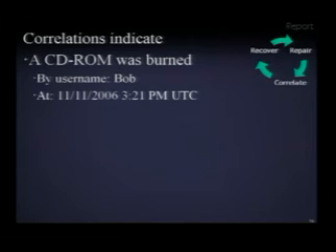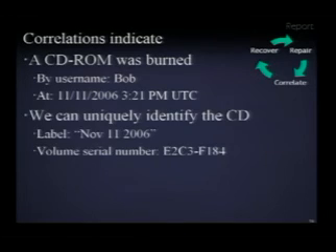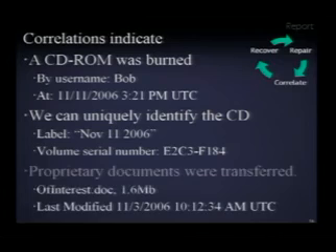We've got a SID in the event log. The shortcut holds a label for the CD that looks like a date, and we've got a volume serial number. So we can use this to distinguish whether it was just possession of materials that should have been a part of the responsibilities of someone using the documents, or transfer, and that it was CD burning that was occurring, and we can tell exactly what was burned, a document of interest.